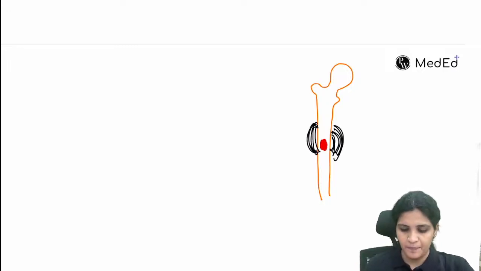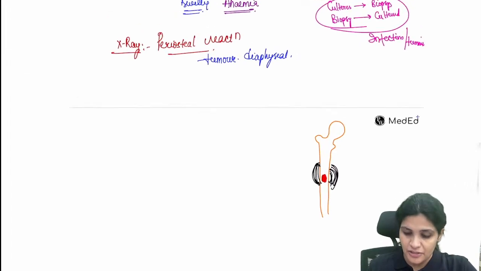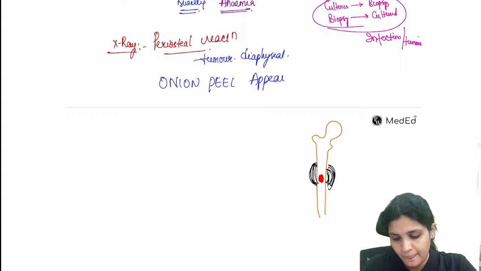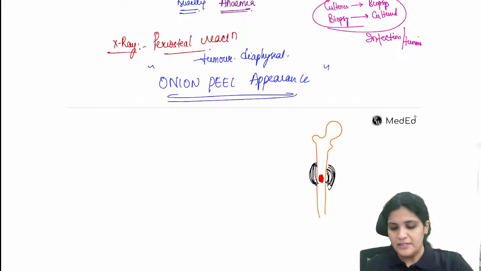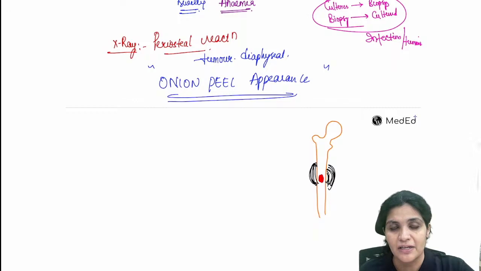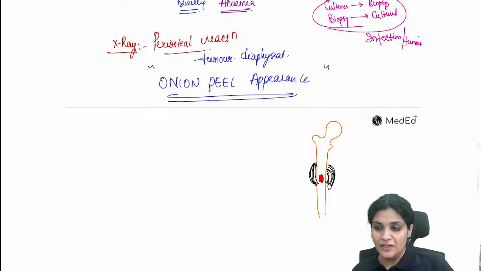What is this? This periosteal reaction is called the onion peel appearance, which is seen in Ewing's, right? So this is very, very important.